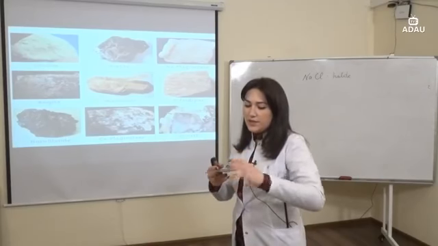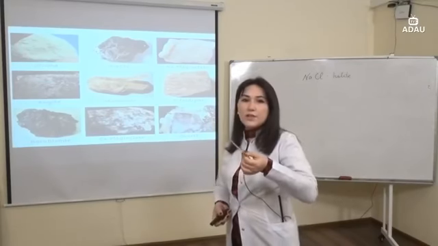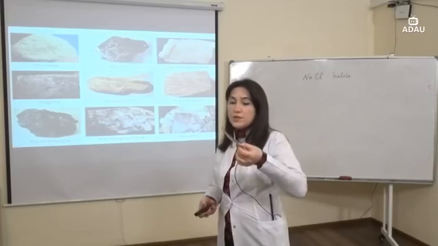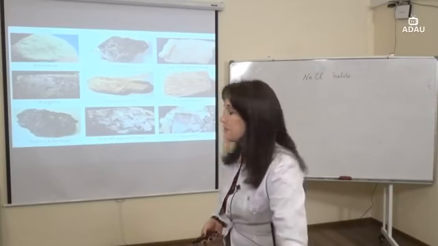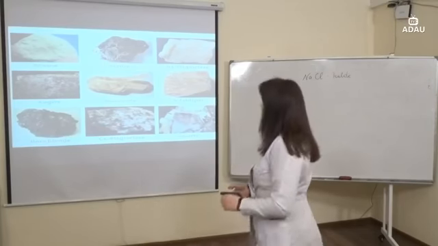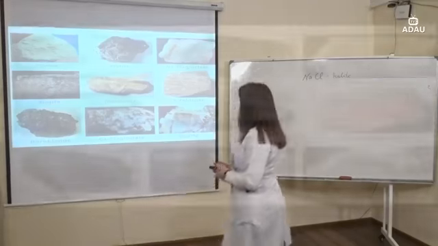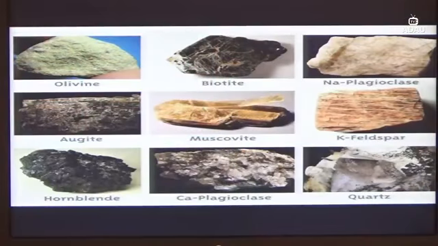By the way, the name of muscovite comes from the city of Moscow. And augite, hornblende, calcium and sodium plagioclase, calcium feldspar, and quartz are also rock-forming minerals.